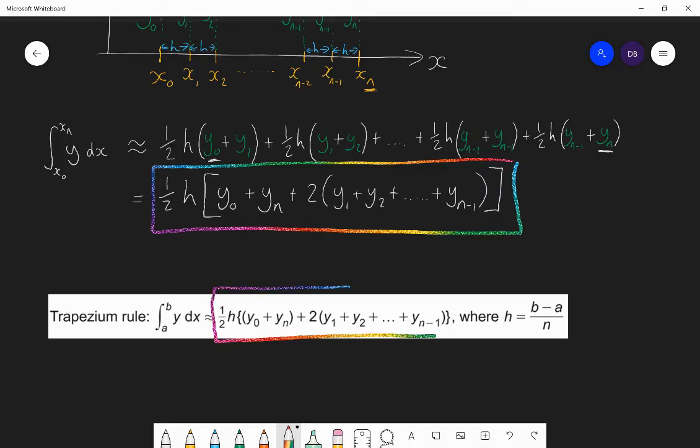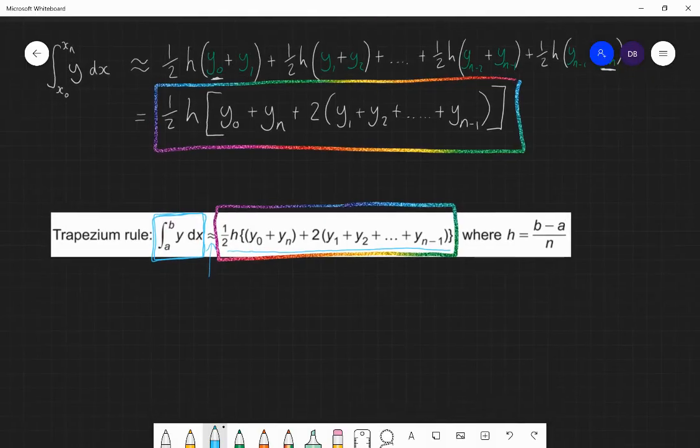So you don't need to remember this, but you need to know how to use it and what those different symbols mean. So here, this bit means the area below a curve, y equals f of x, between a and b, is approximately equal to, so that's approximately, not equal to, the sum of all the n trapezia, which is that calculation, and where h is equal to b minus a over n.